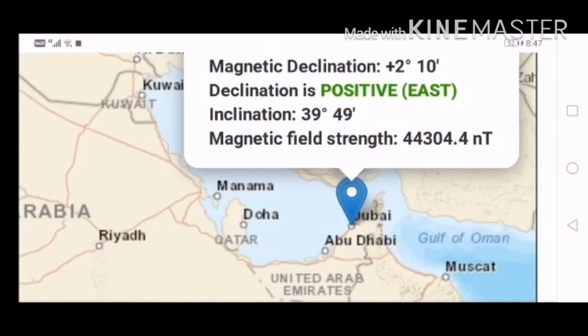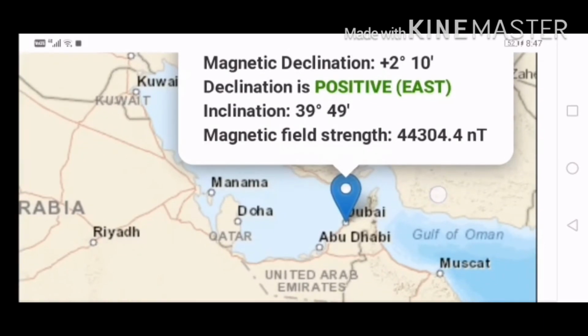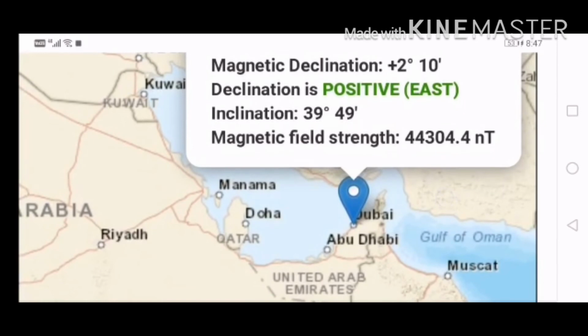We need the direction of the correct geographical area. So, for example, here the magnetic declination is positive 2, so we subtract 2 degrees from the compass reading, as given, and then the correct Qibla will be given. Then we build the mosque according to that.